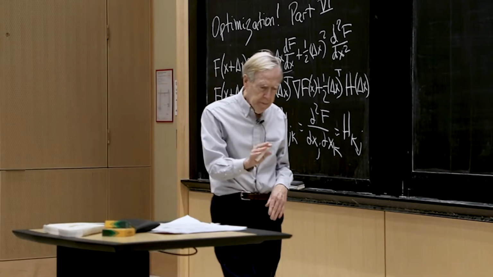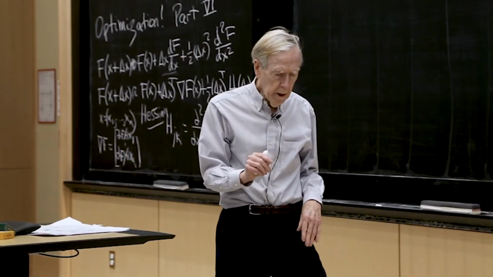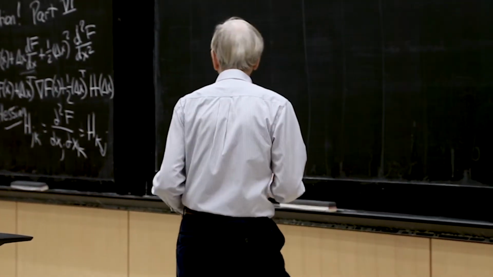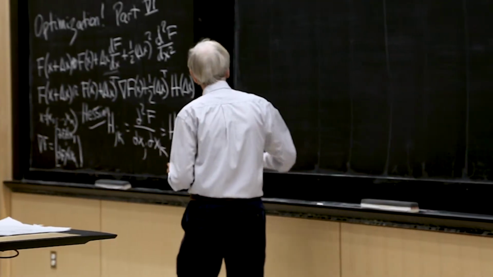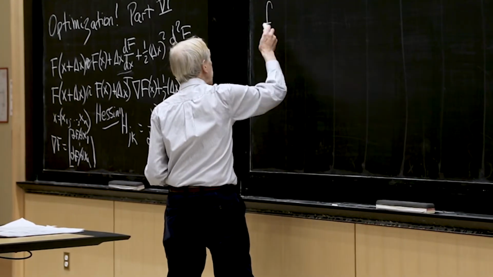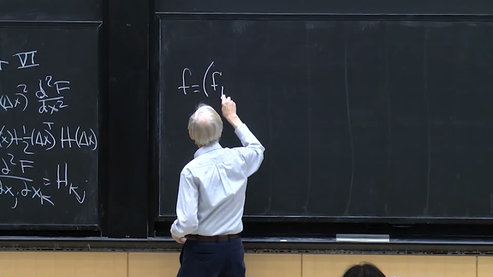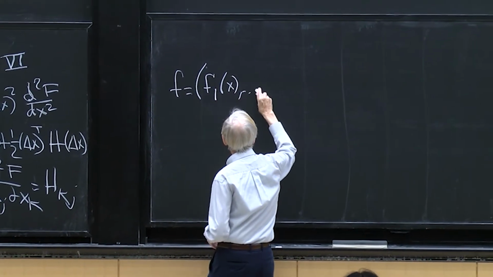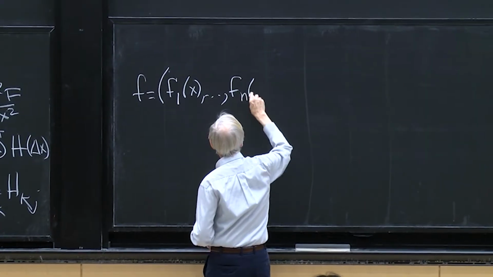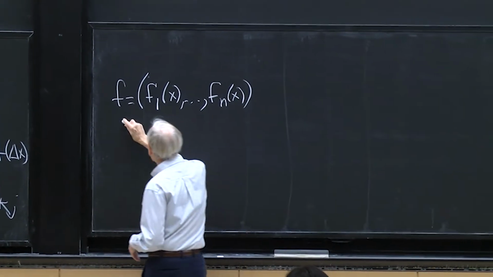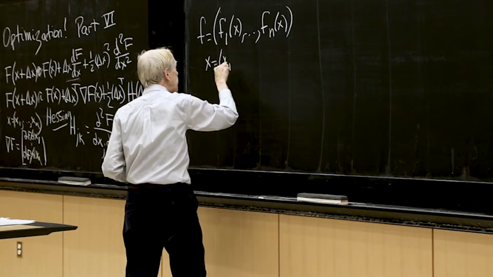There's a parallel picture for a vector f. So now this is a vector function. This is f1 of x up to fn of x. And x is x1 to xn.